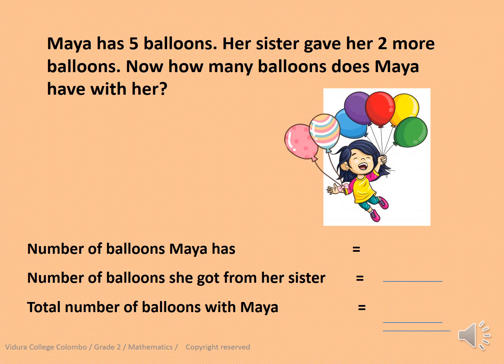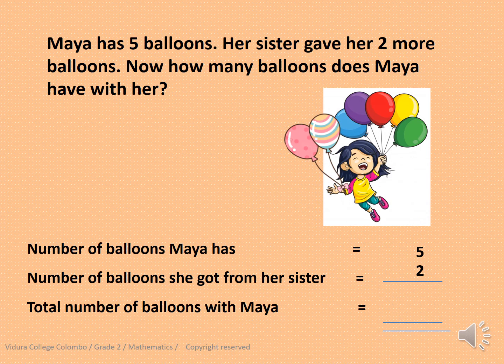Number of balloons Maya has. How many balloons did Maya have? 5 balloons. She had 5. Next, number of balloons she got from her sister. How many balloons did she get? 2 balloons.